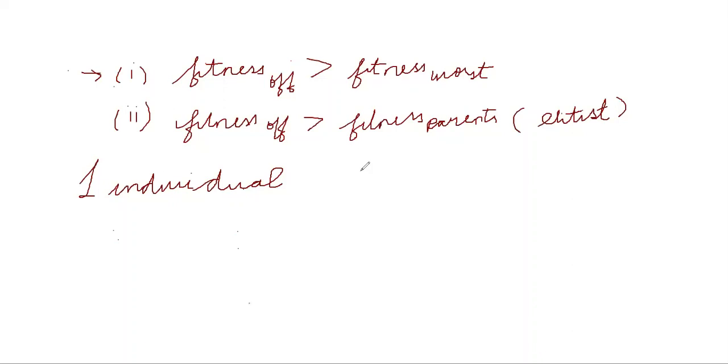So I am replacing only one individual out of the 10, assuming that my population size is 10. So it means 90% or 0.9 is my elite count. So only one individual is replaced in each iteration.